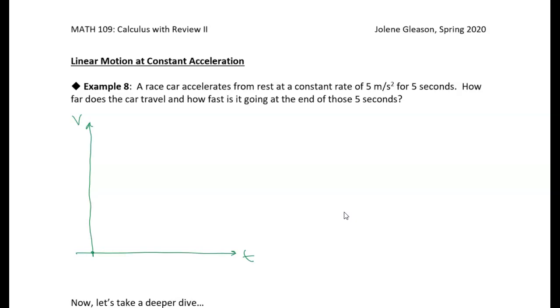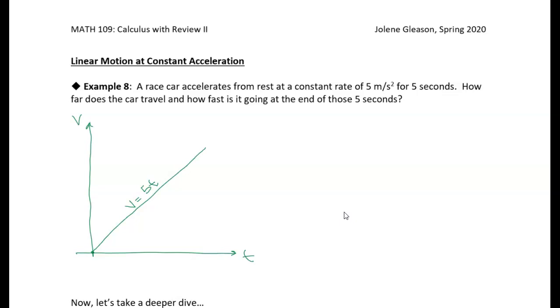So essentially the slope of the velocity curve is constant, right? And we could represent the velocity as a straight line where v is equal to 5t, because 5 is the acceleration. And we can figure out the velocity at any given time just by taking the acceleration times that time.